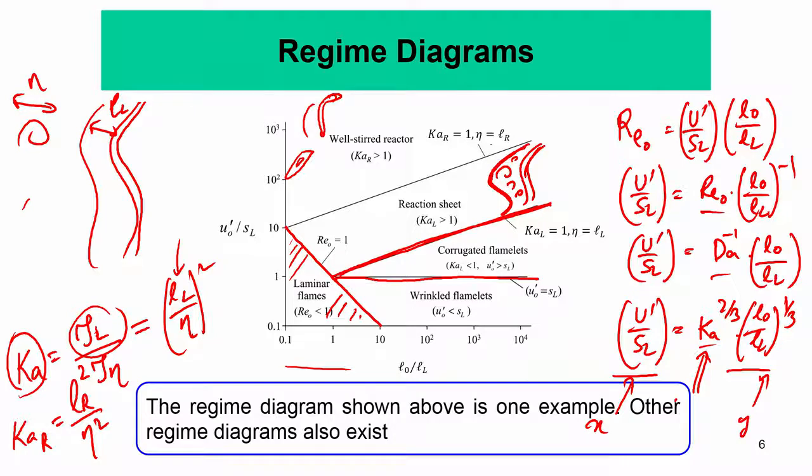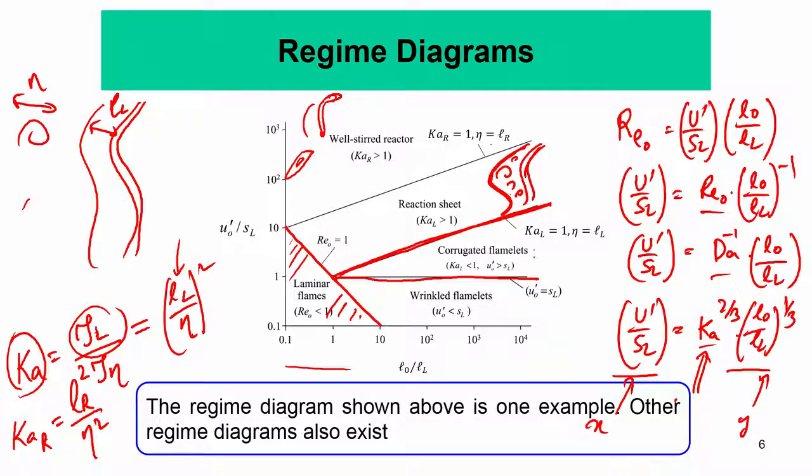Okay. So, this is of course very important, that there is a distinction between these two regimes, but as I said, the regime boundaries should not be taken to be extremely sacrosanct. There can be flames which exist in the corrugated flamelets regime which can have a structure similar to the reaction sheet structure and vice versa.